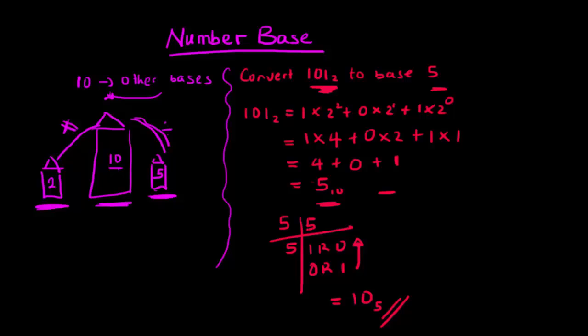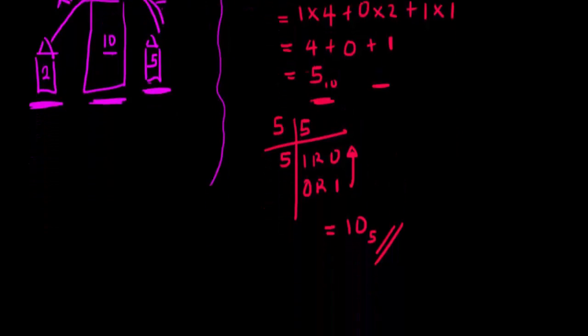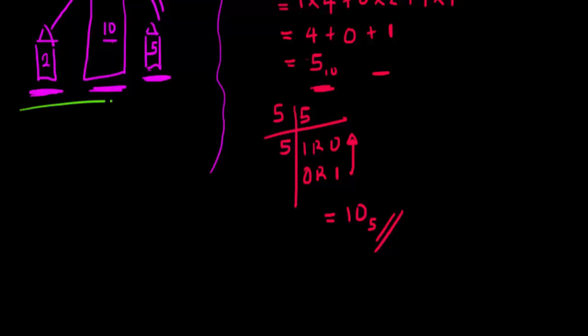Let's take another example. So I'm told to convert 32 in base 5 to base 2. Now remember, I have to convert to base 10 first before converting to base 2.